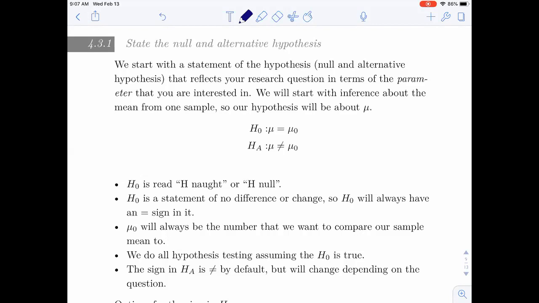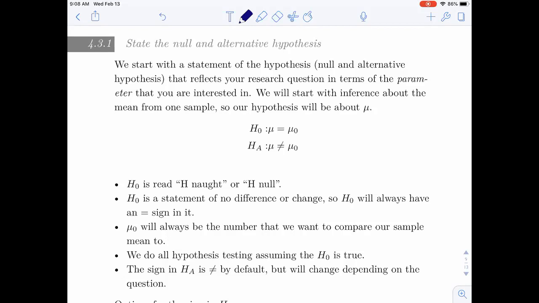Your null hypothesis is going to be your hypothesis if everything stays the same. For that reason, you always have an equal sign in your null hypothesis. Talking about the drug example, your null hypothesis is that my drug is the same as all the other drugs.